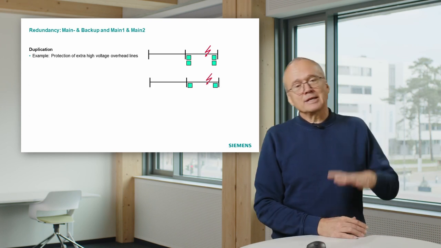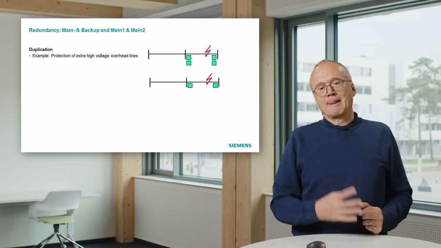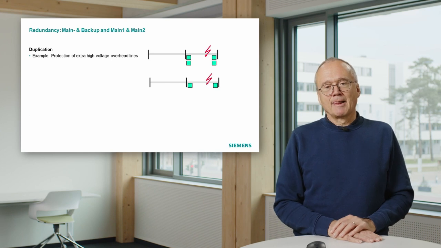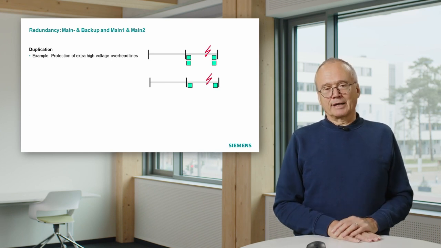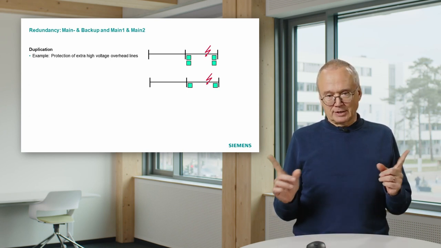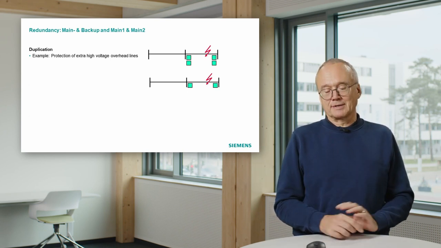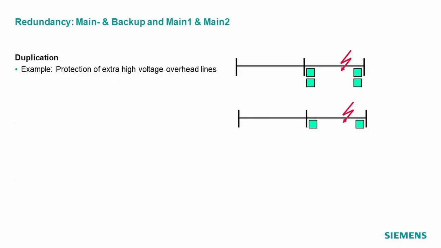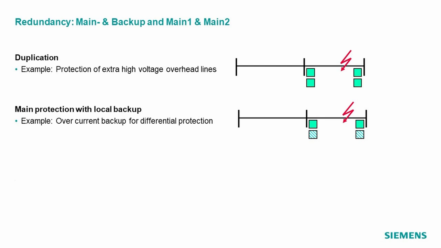The next step would be a bit simpler. Let's take the same example here, the line. And let's now assume you have a line differential protection here. And the line differential protection, it needs communication between two ends. And if this communication fails, the line differential is dead. And for that reason, it makes, for instance, sense to install in parallel to the line differential protection an overcurrent protection as a backup.